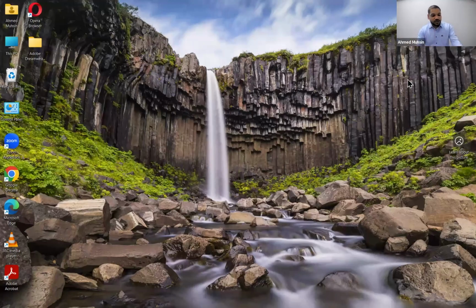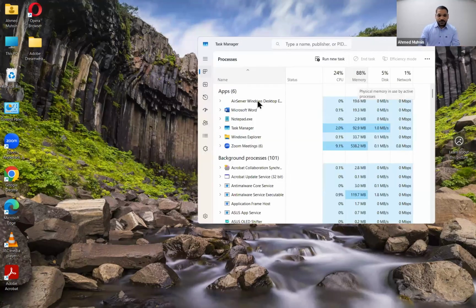Isn't it, guys? If I press Control Shift Escape right now, look at my screen. Right now, it's telling me my RAM is 93% full. 93% full of what? It's saying your server is running, Microsoft Word is running, Notepad is running, Task Manager is running. Can you see? Your server is taking about 20 MB of space.